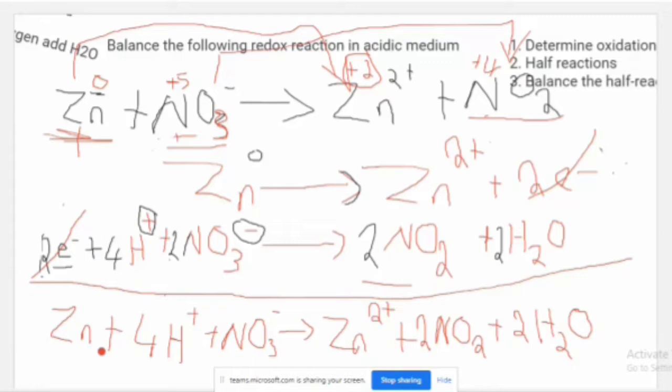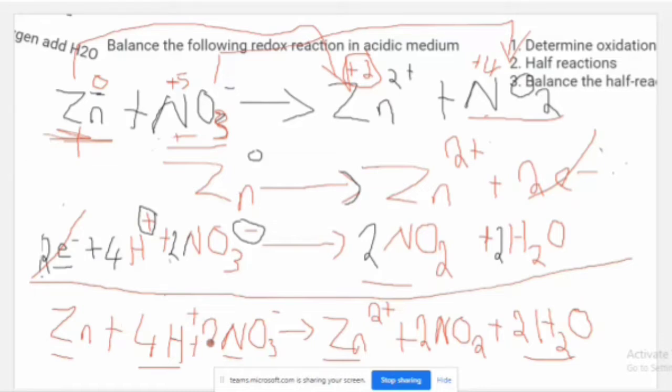So let's counter check. We have one zinc atom, balanced. We have 4 hydrogen atoms this side, and this side we also have 4; you can see 2 times 2 is 4. It's balanced. One nitrogen atom. Oh, we omitted these 2 here. I omitted those 2; we had 2 here, and they need to be plus.